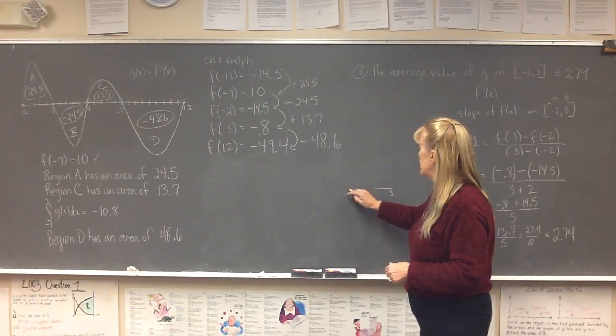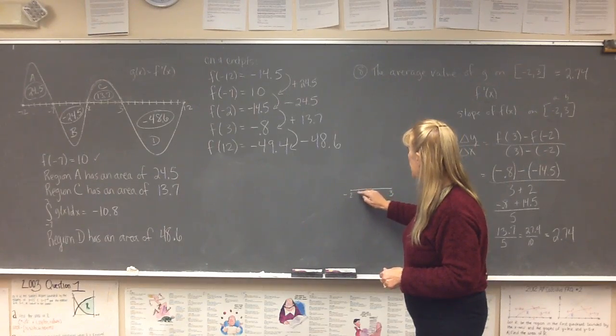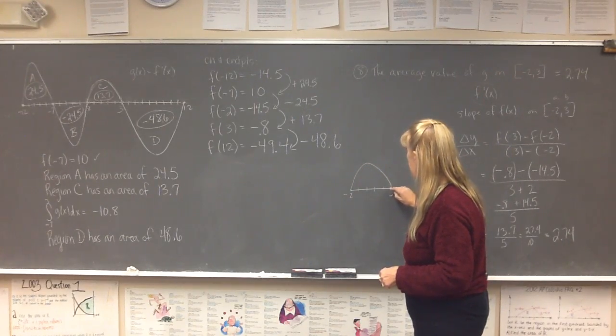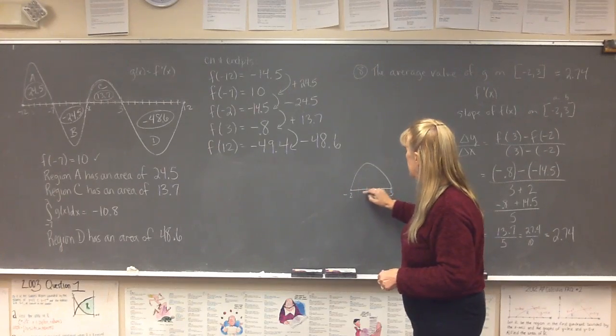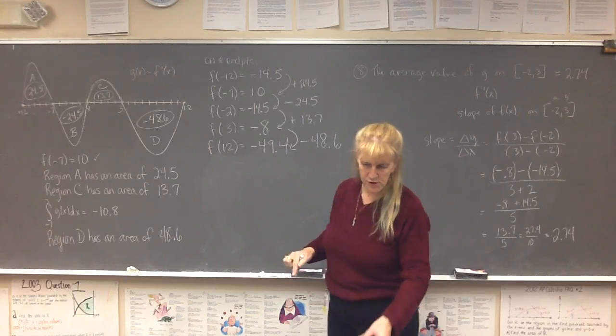So -2 is here, 3 is here, and it looks like this graph goes up here and comes back down, something like this. Okay, this is -1, 0, 1, 2.